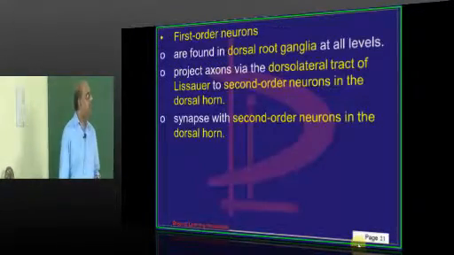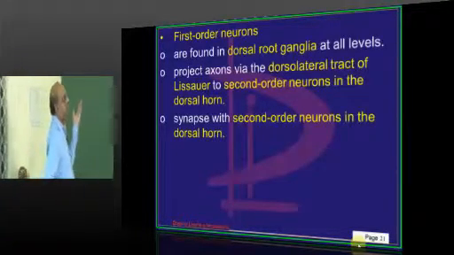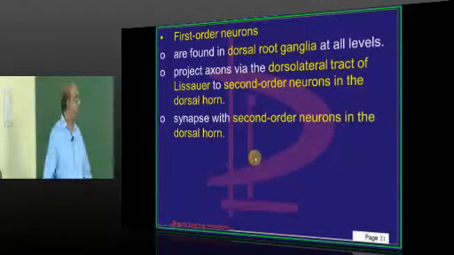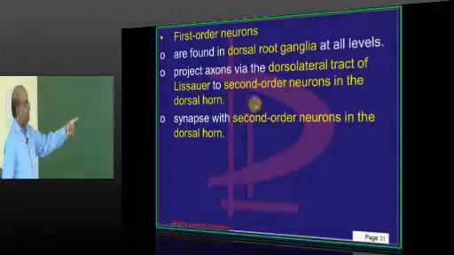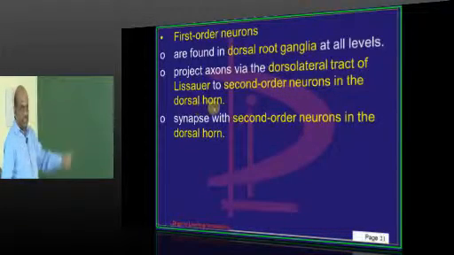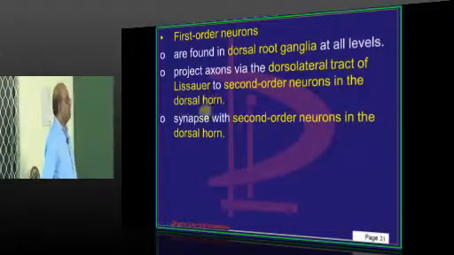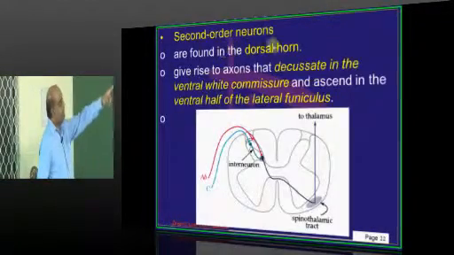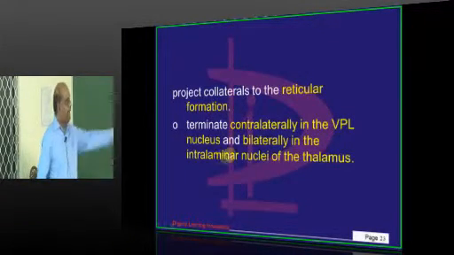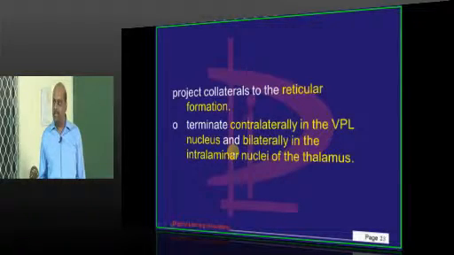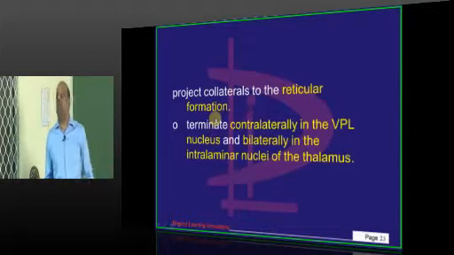Then how is this lateral spinothalamic tract organized? No tension. The dorsal root ganglion is the first order neuron, and the fibers reach the dorsal horn and decussate to the contralateral side, which is the second order. From there they go up and ultimately project onto the VPL nucleus in the thalamus, the contralateral VPL nucleus, which becomes the third order.